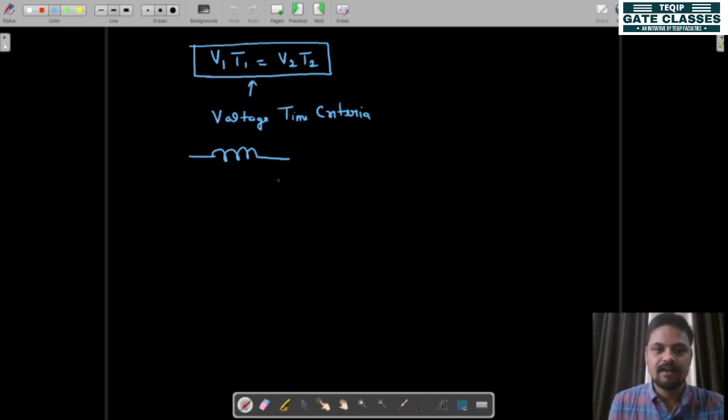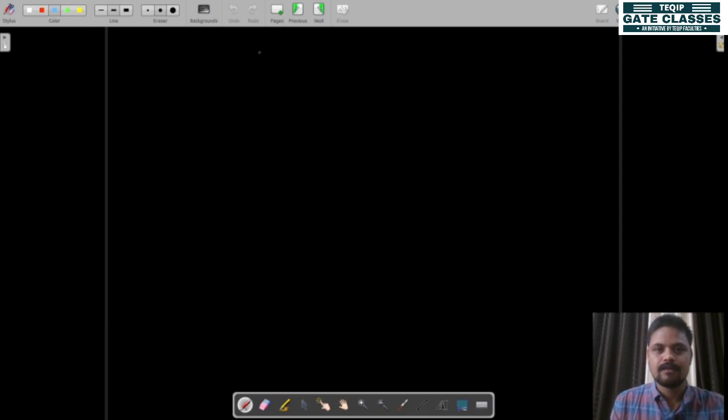In the same way, if you see the capacitor, if we assume that the capacitor is in steady state condition, then it means that if you talk about a DC-DC converter, the capacitor will be charging, discharging, charging, discharging.